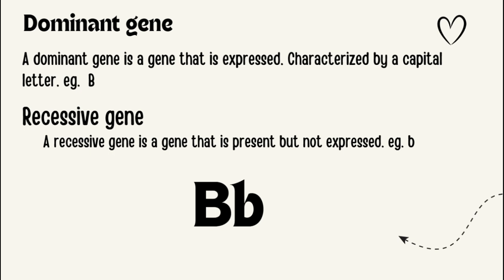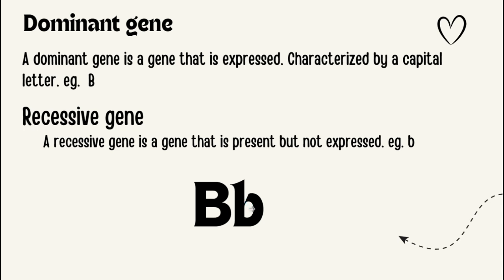But since it is sexual reproduction and we know that we're going to get one gene from each parent, as I said before, if my father has black hair and my mother has brown hair, but the gene that she passed on to me was recessive, and the black hair trait which my father gave me is dominant, then when they made me, I end up with a capital B and a small b.